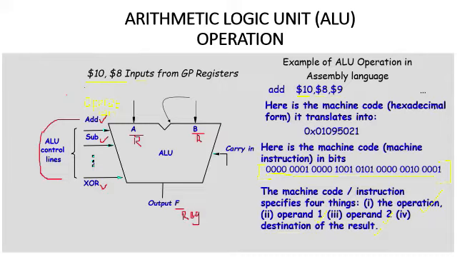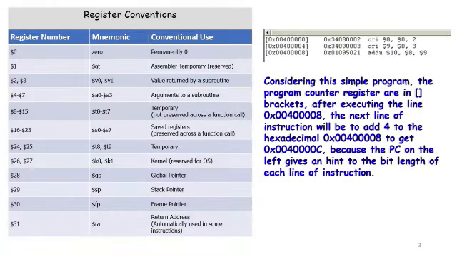Remember, registers 10 and 8 are inputs, they depict input from general purpose registers. So we are going to see what general purpose registers look like. Okay, look at general purpose registers. For the register number, we can see this is $0, a mnemonic for each of the register numbers.